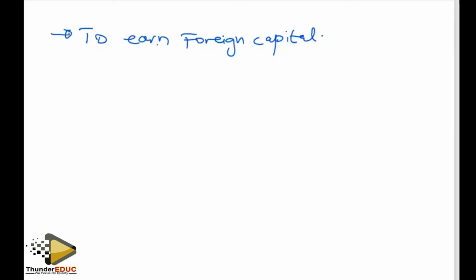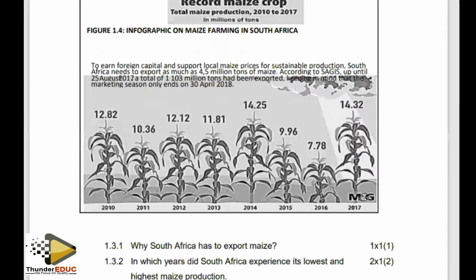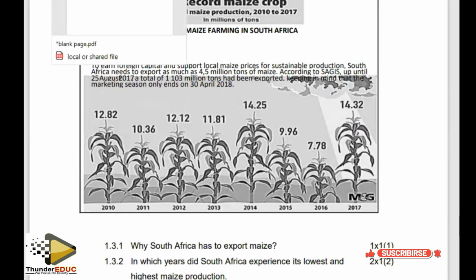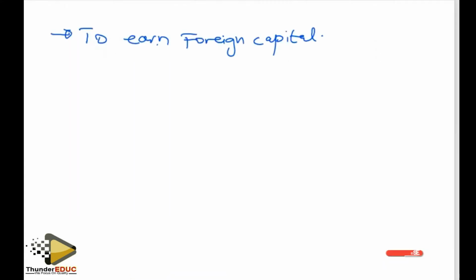All right. If you check our question again, it says as well to support local maize prices for sustainable production. That will be another contribution.